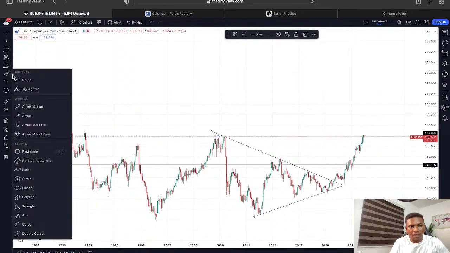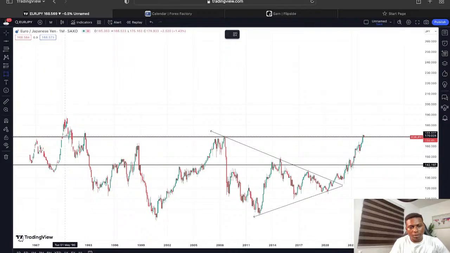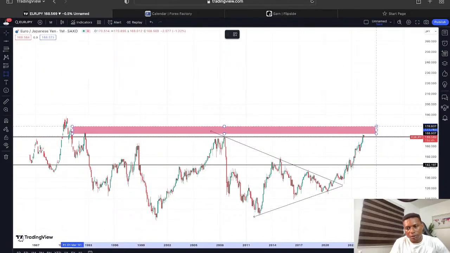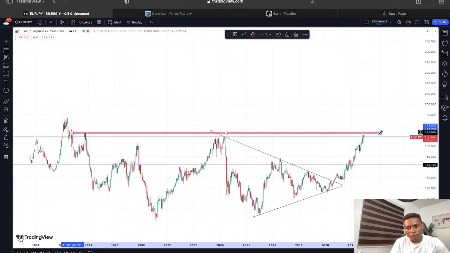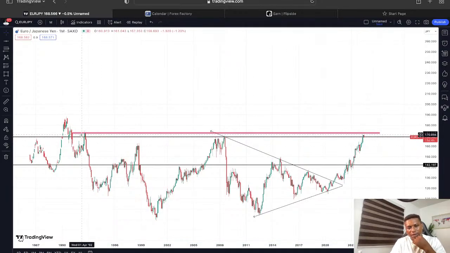So if you look at it now, let me map out this level. Okay, good. You will see that there are few times when price has even gotten there. Now this is 1, 2, 3, okay, then this one.